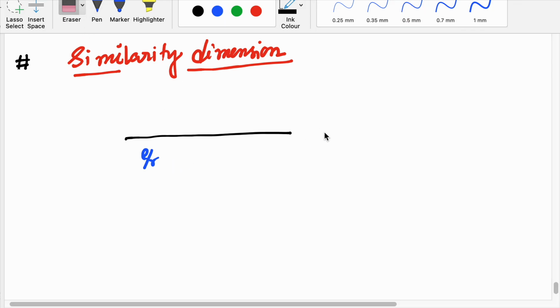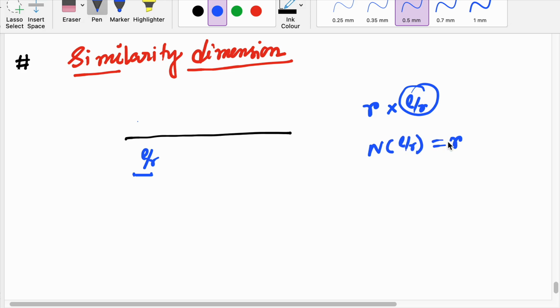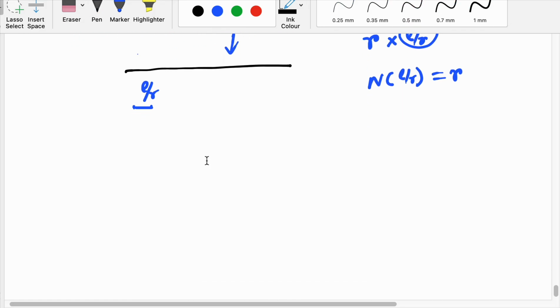How many pieces of L by r are required to complete the whole? You will find that n of L by r is r. So if we put r of these tinier objects, you will fill the whole object. Now let's see the same thing for the square.